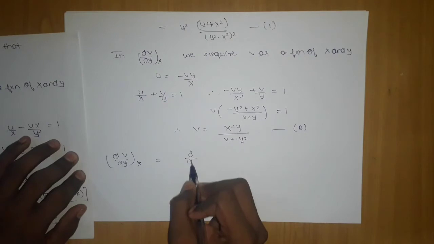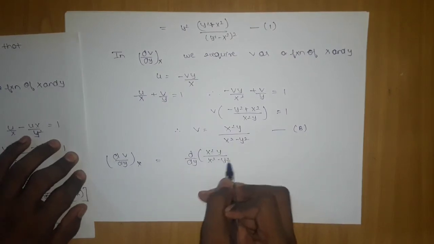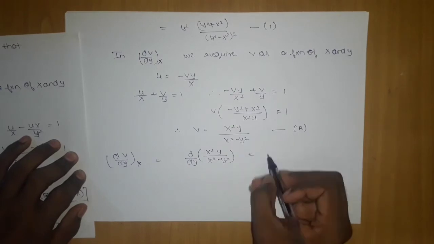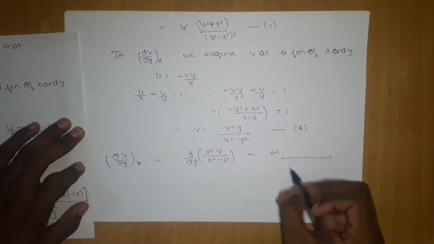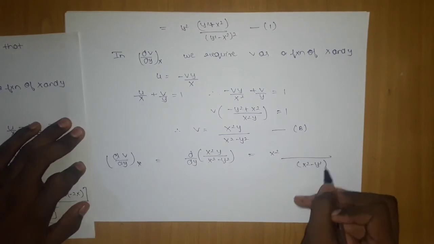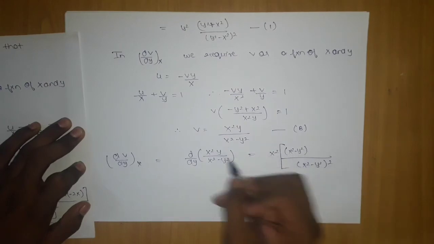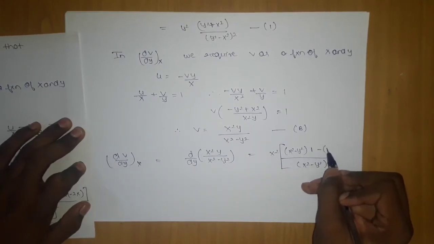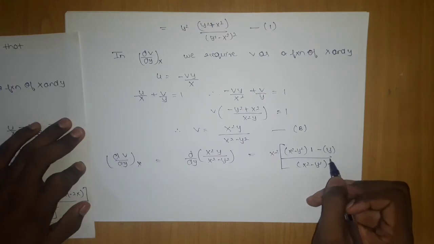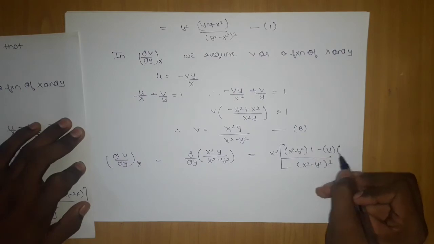Will be d/dy of x²y/(x² − y²). If you observe, I am differentiating with respect to y, so x² will be constant, so I am going to get this thing, (x² − y²) the whole square. Here (x² − y²) into, I will differentiate this, which will be what? 1 minus this will be y as it is, and here what I am going to get is minus 2y.